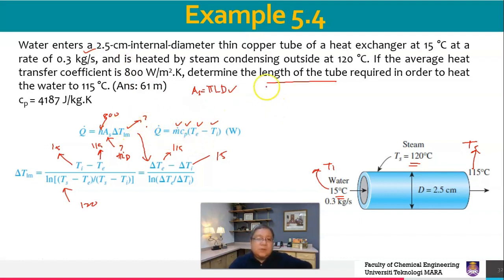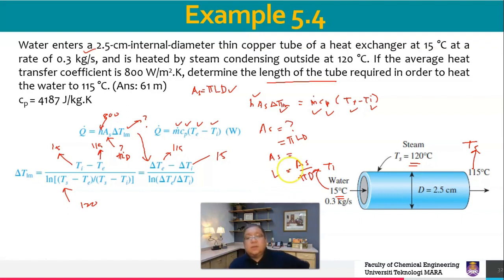So Q equals Q: h As delta T log mean equals m dot Cp times Te minus Ti. All the values are known, so you will get As. As equals pi LD. D you already know, so L equals As over pi D. So the answer is 61.